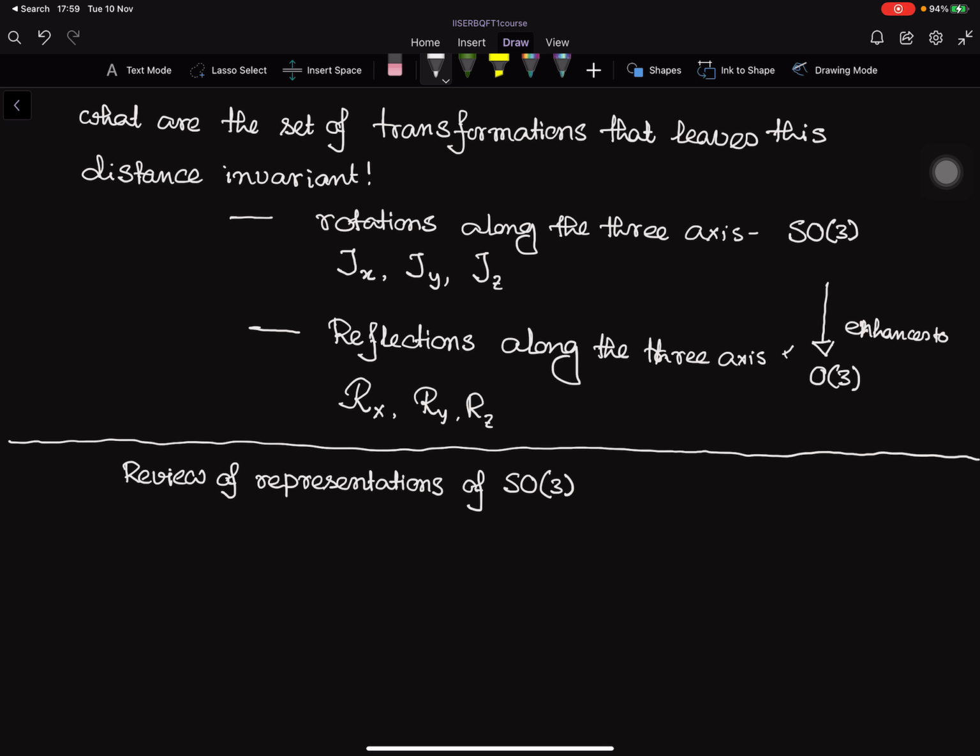It has three generators, and the three generators have the following commutation relation. You know this: [Ji, Jj] = i ε_ijk Jk, where i, j, k run from 1 to 3.